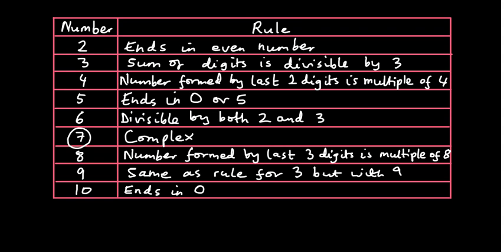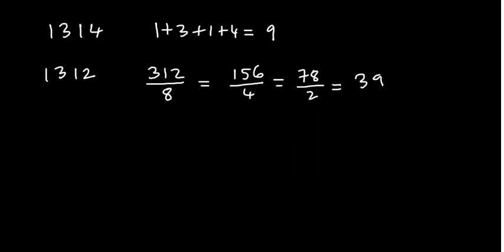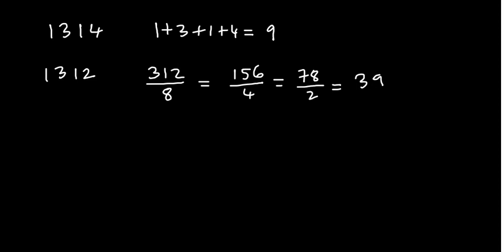Now, divisibility by 7 is quite complicated, but there is a rule that you can use. So the rule states that if you take the units digit of the number and then you double that units digit, so let's try it for this number for example. So the units digit is 4, and then we simply double that number to get 8.